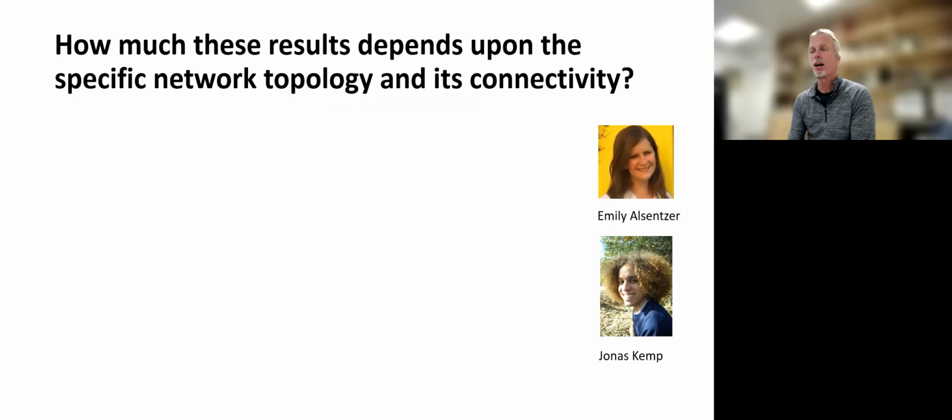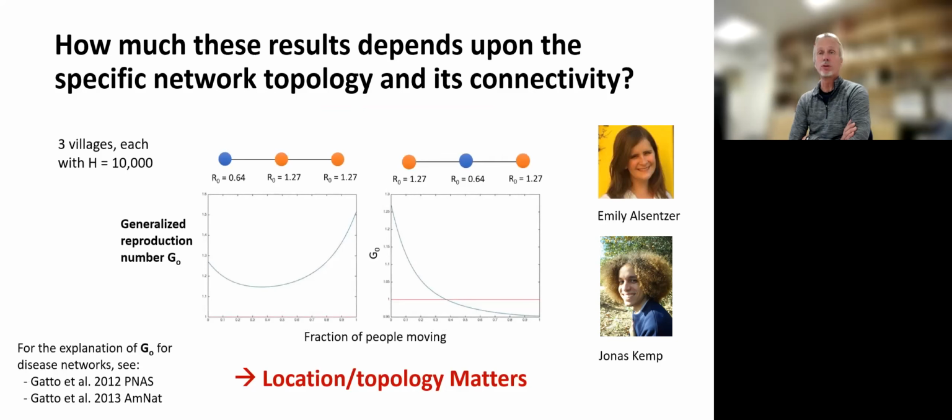So here, a couple of years ago, we recruited two former undergraduate students, Emily Altenburger and Jonathan Camp, who started to look at how network topology might affect the transmission of schistosomiasis. And even with a super simple network like 3 nodes, with different R0 in each node isolated and different levels of mobility, we saw that the location of the node with low or high R0 is actually relevant.